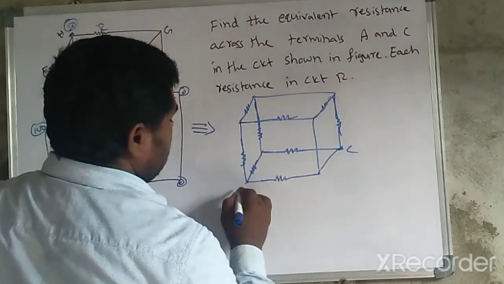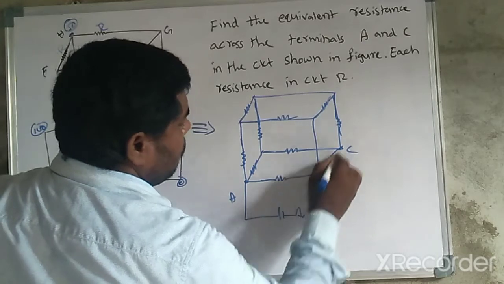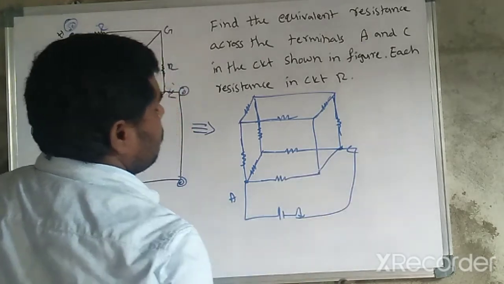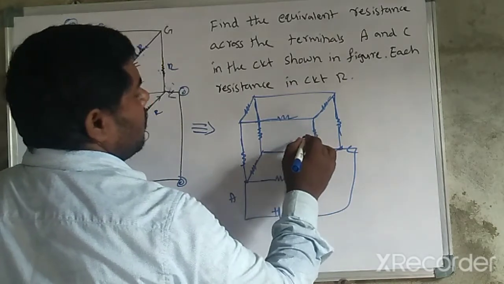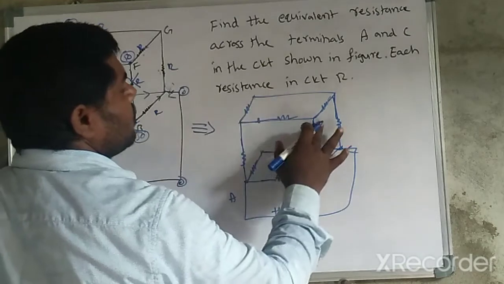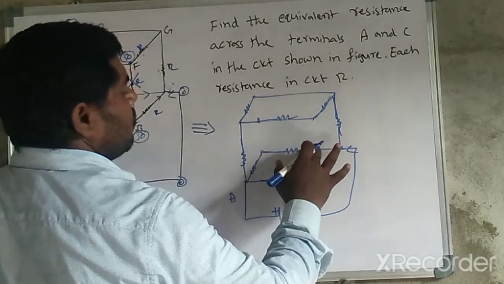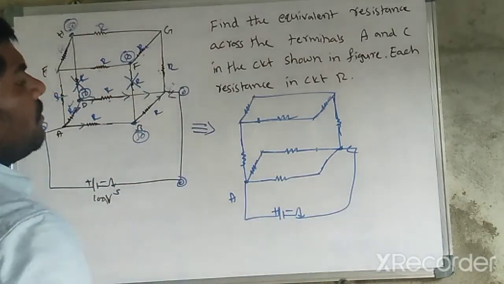So this point is C, this point is A. Here the battery is connected, minus and plus. That's why this resistor is removed, and this resistor is also removed. So now the remaining circuit diagram is like this.